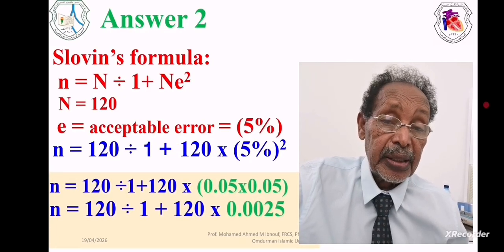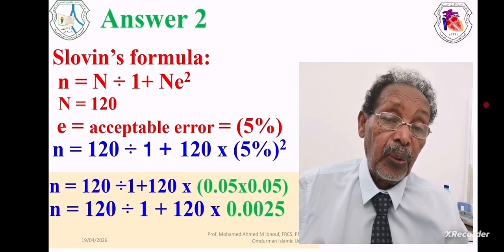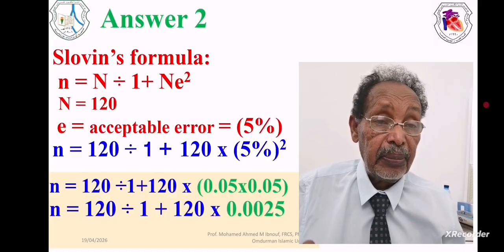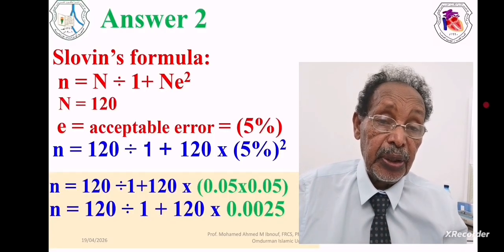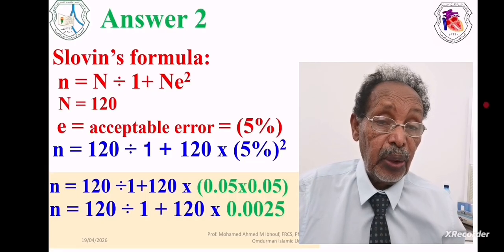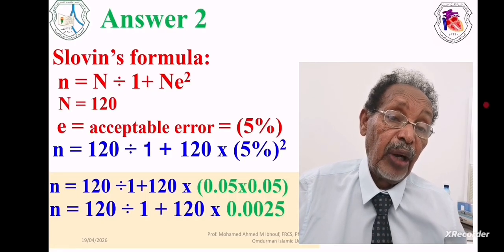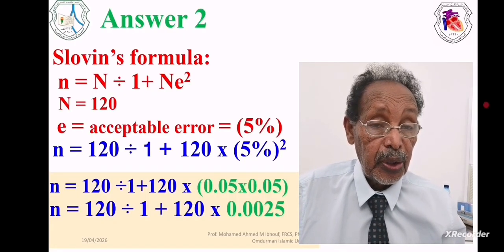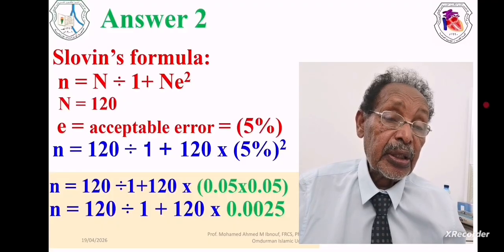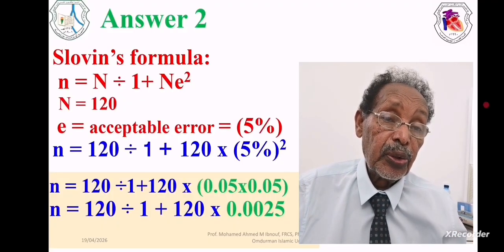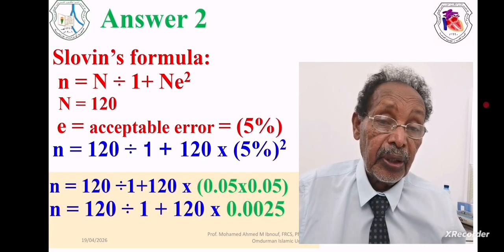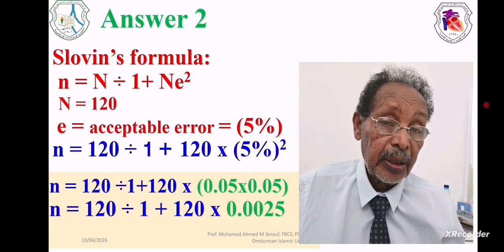So the sample size n will be equal to 120 divided by 1 plus 120 multiplied by e squared, which is 0.05 multiplied by 0.05, which is 0.0025. We have to multiply it by 120, and then we add 1.